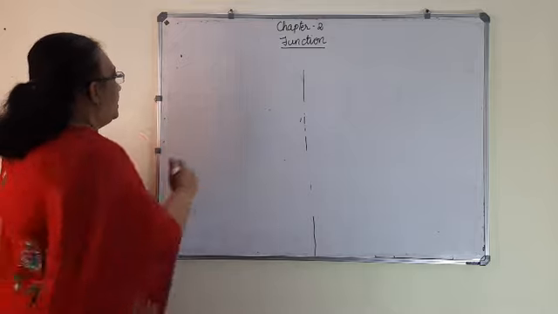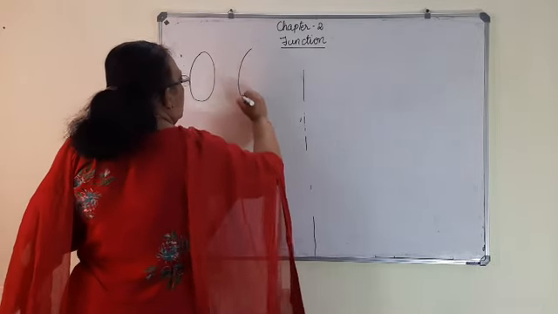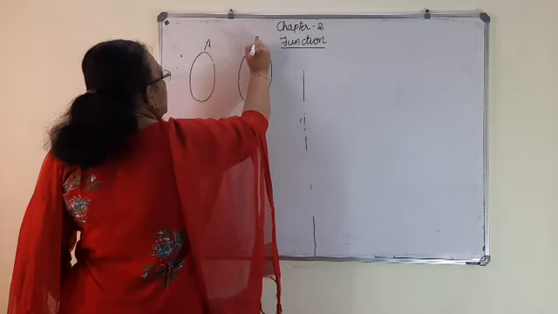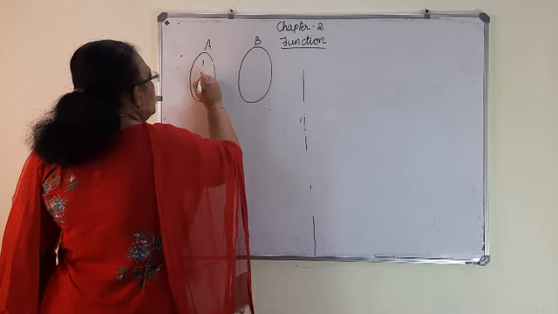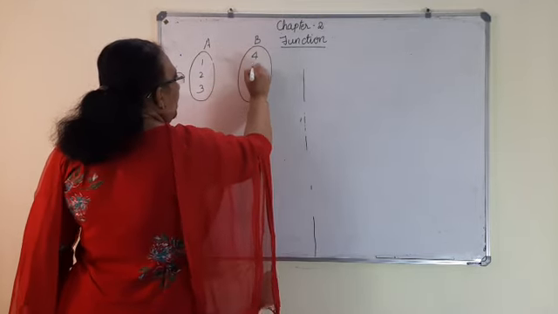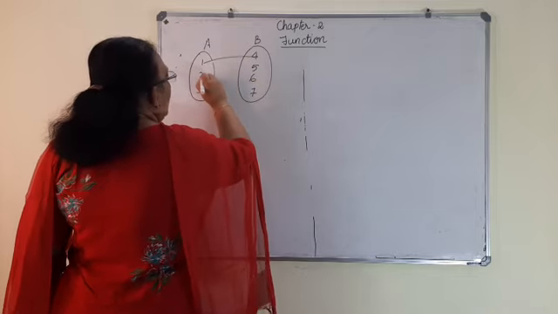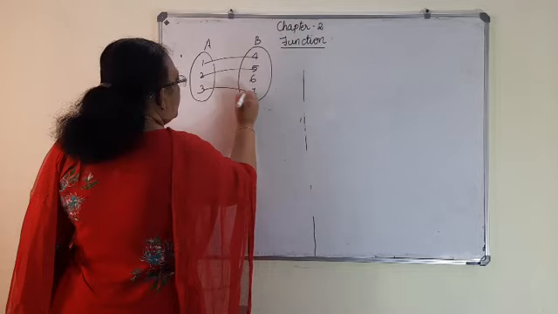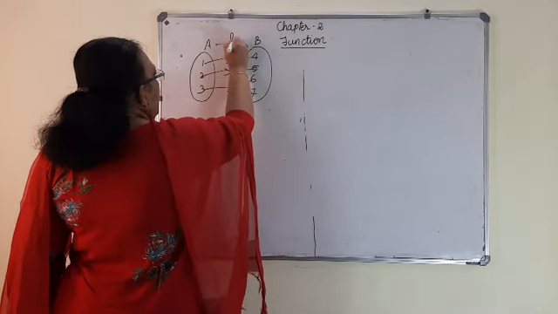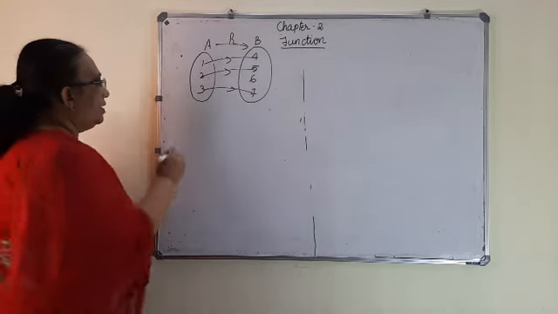Let us consider two non-empty sets A and B. The elements are 1, 2, 3, 4, 5, 6, 7. 1 is related to 4, 2 to 5, 3 to 7. This is a relation, and this relation is called a function.